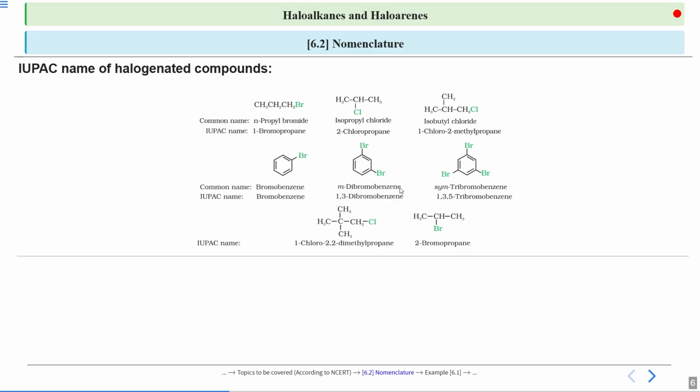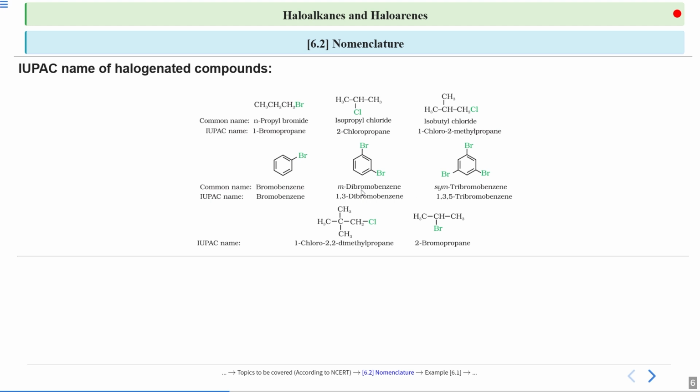meta-dibromobenzene. Okay, meta-dibromo, that means this position, which is the third position of the benzene, is classified differently as the meta position. Okay, so at the meta position we have 1 bromine, and at the first position we have 1 bromine, right? So we write the common name as meta. M is for meta. Dibromo because we have 2 bromines. Benzene.